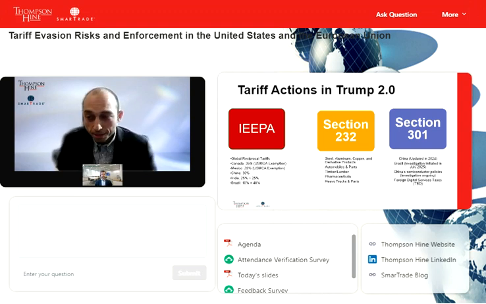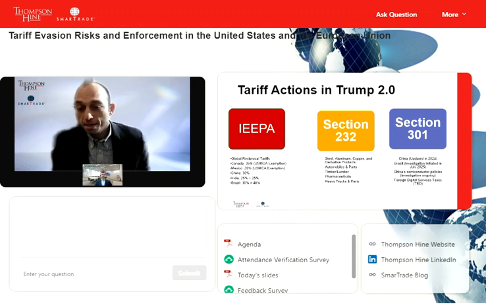Then finally, the administration started new Section 301 investigations, like the one against Brazil or China's semiconductor policies, and threatened to apply additional tariffs like on foreign digital services taxes.